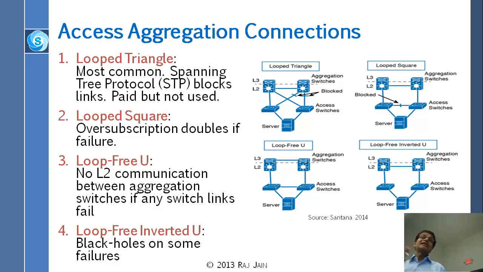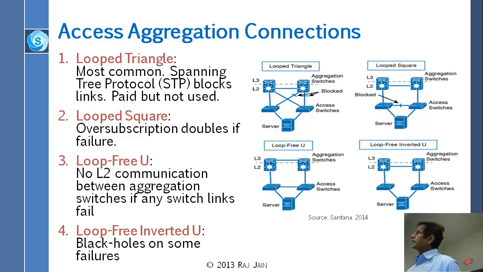Everything that has layer 3 has layer 2, by the way. So these are the layer 3 devices, these are layer 2 devices, but you can connect at layer 2 or you can connect at layer 3. So this would be an IP link, this would be an Ethernet link.